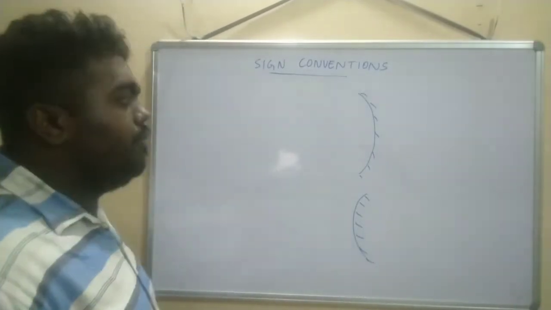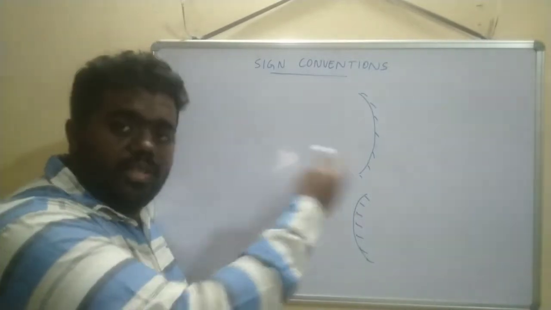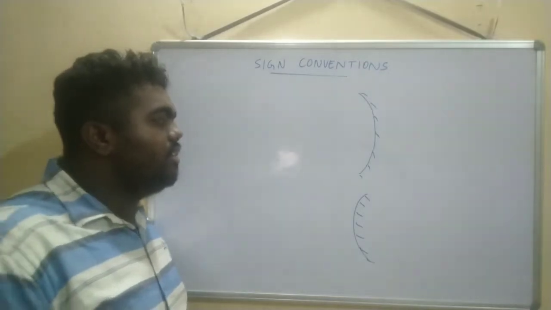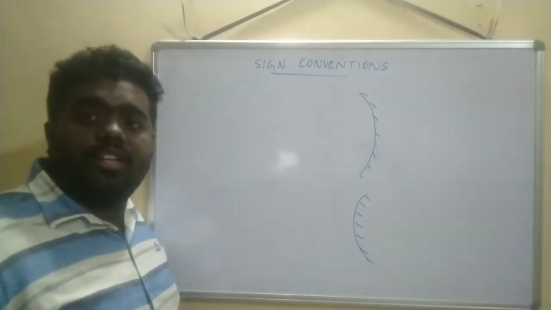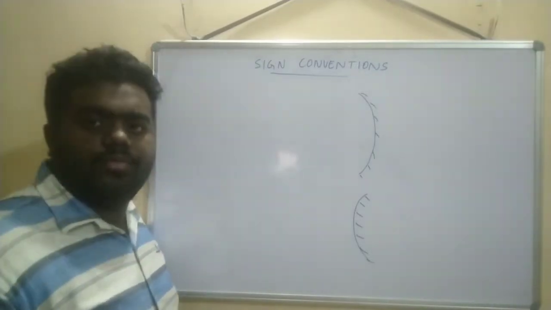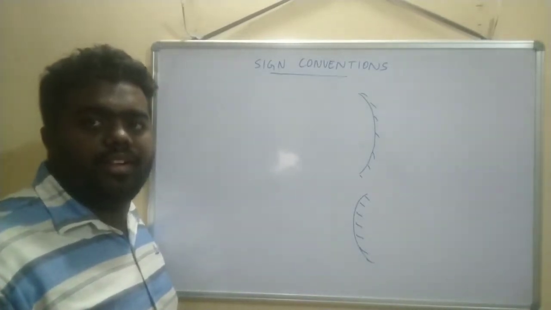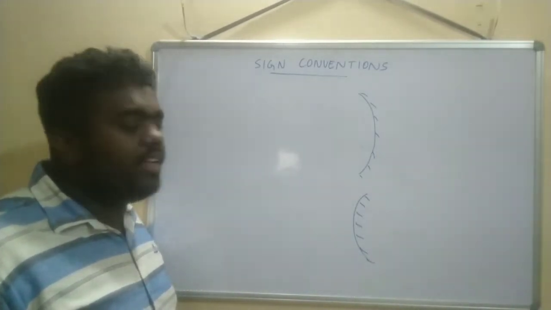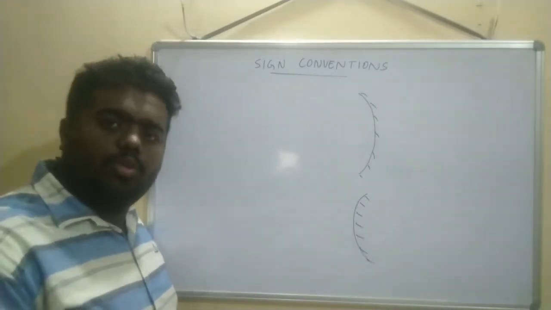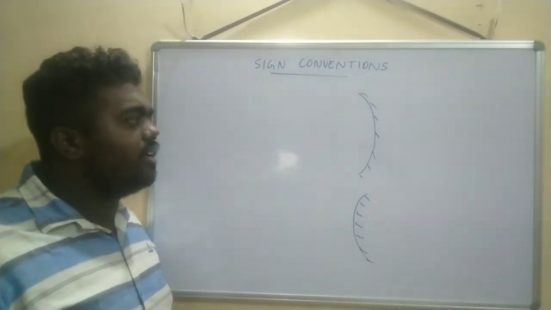The measurements like object distance or image distance are taken as negative when they lie on the left side, and taken as positive when they lie on the right side. Means if anything comes on the right it will be positive, if anything comes on the left it will be negative.